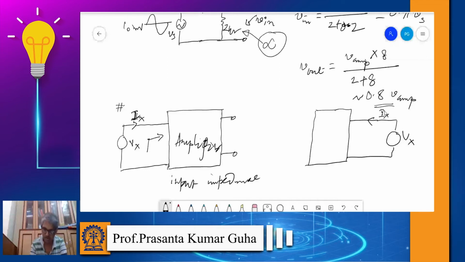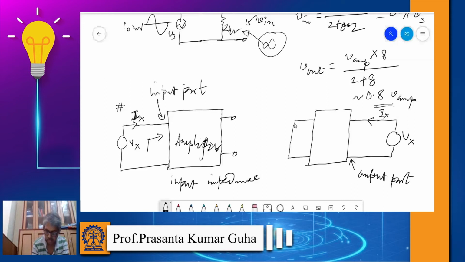So this is your output port, and this is your input port, right? Remember, you have to short this input signal.